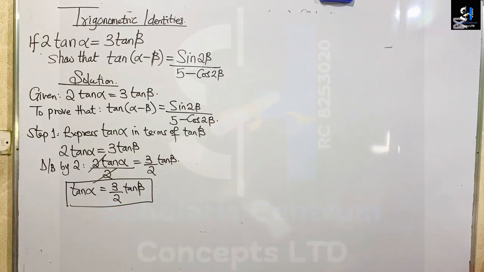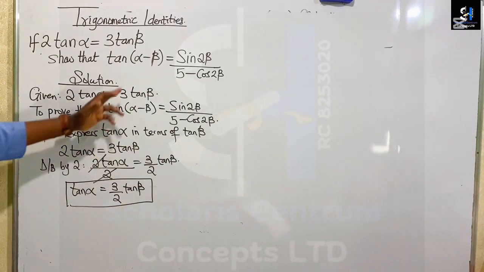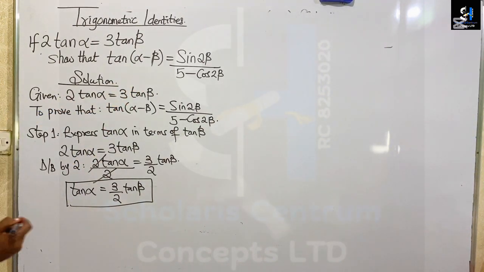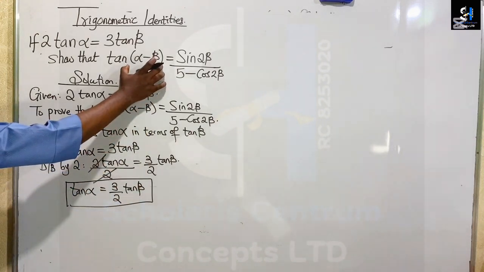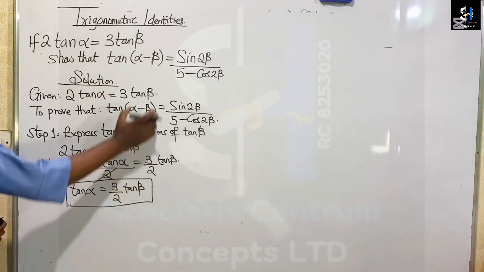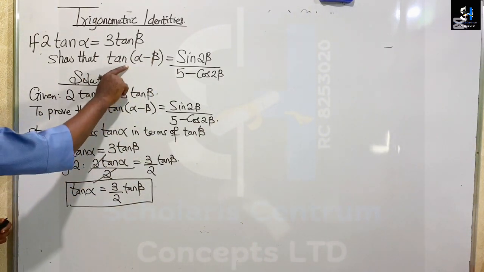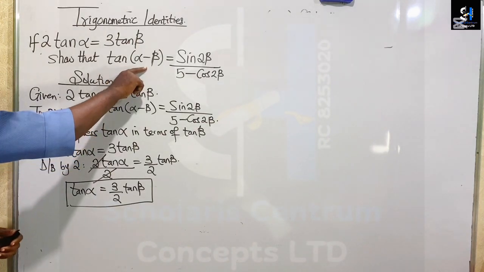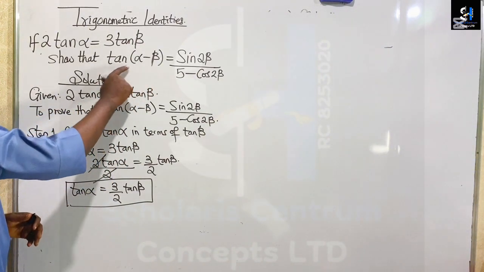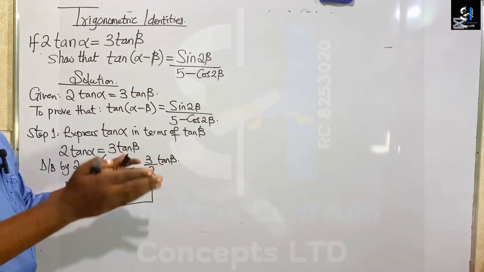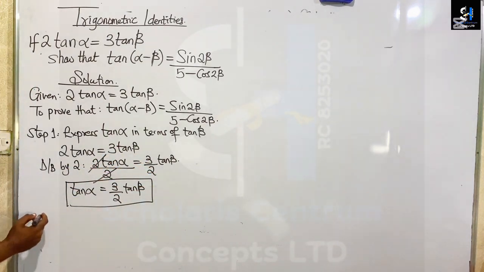With this, we can substitute for tan alpha when we expand the identity for tan of the difference between two angles. Now step 2.